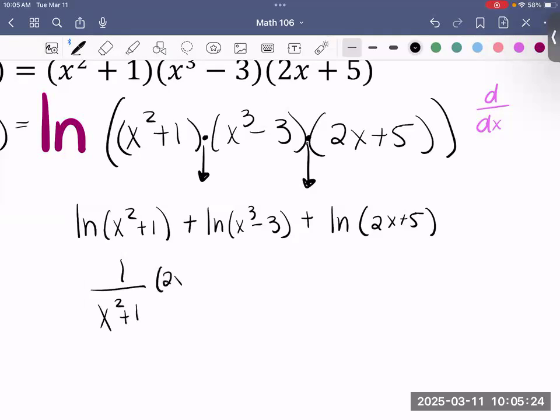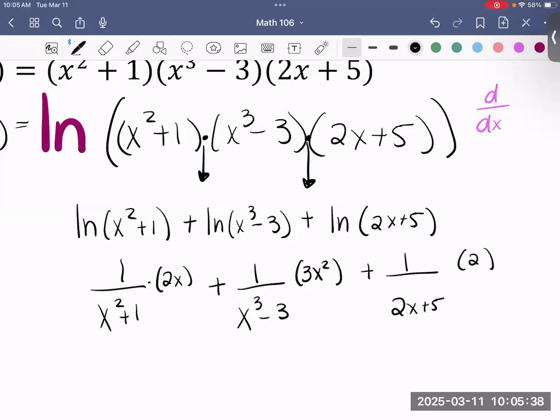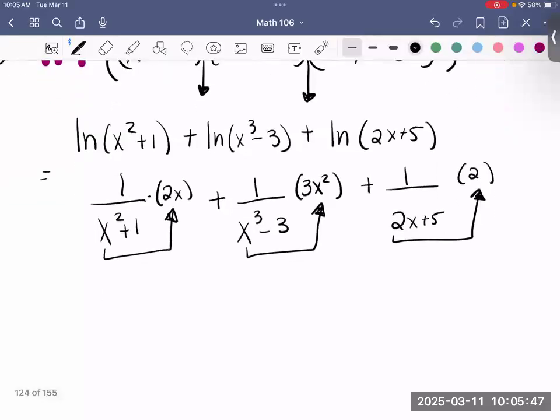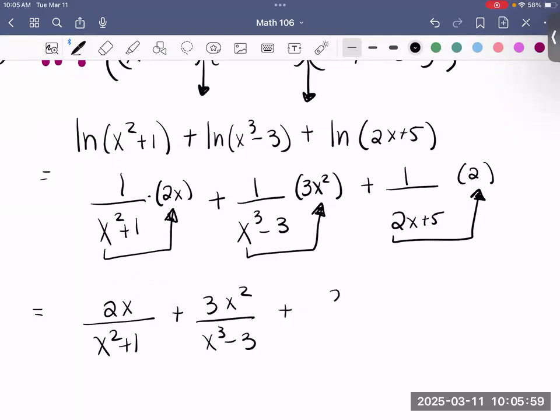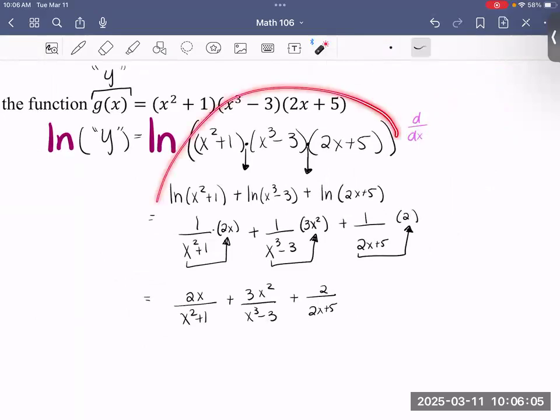Chain rule it, we now get 2x. Plus 1 over 2x plus 5. And chain rule, we're just left with a 2. So all together, we have 2x over x squared plus 1 plus 3x squared over x cubed minus 3 plus 2 over 2x plus 5. So this is the derivative of this one side.